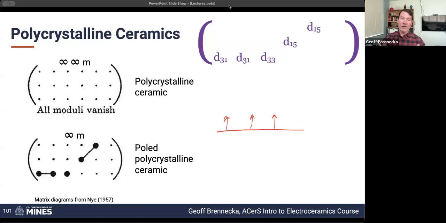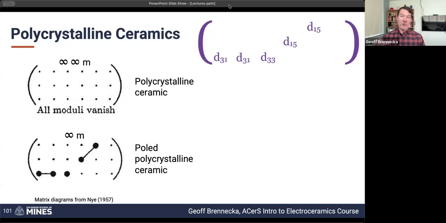If you can grow it in a direction where the polar axis, or the piezoelectric axis, is all aligned in the same direction, that's just as good as poling. But it's not always easy to get your samples to grow with all the same crystallographic texture. So if we have time later on, we'll get into other ways of texturing polycrystalline ceramics through templated grain growth and those kinds of techniques.